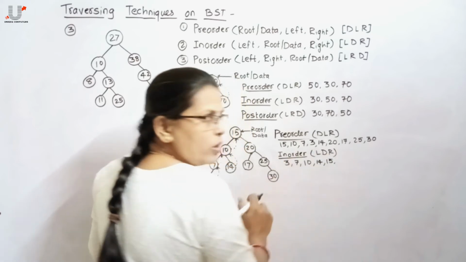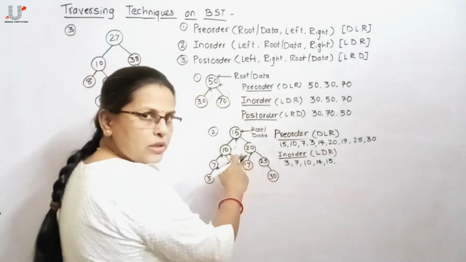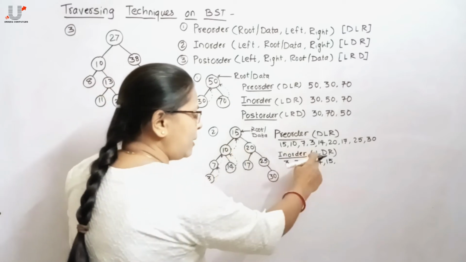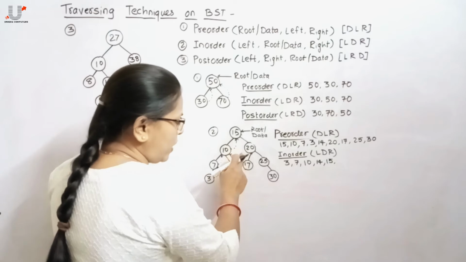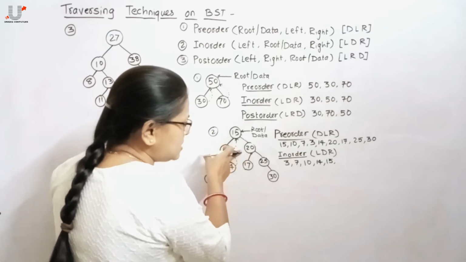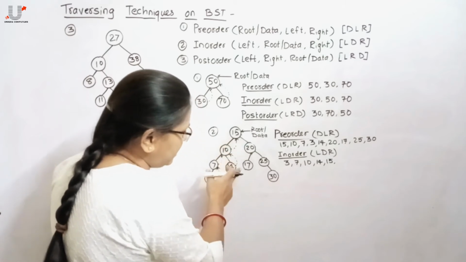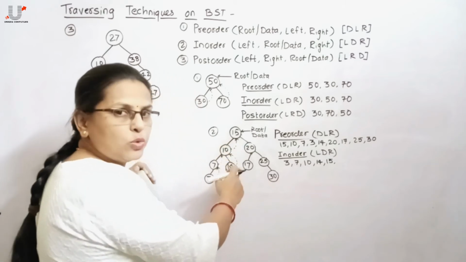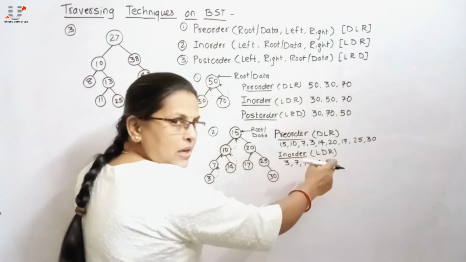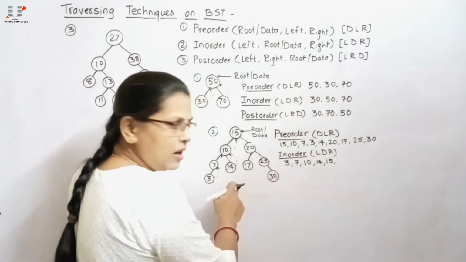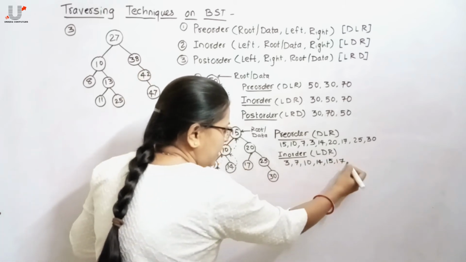Then move to the right subtree. As the right subtree has not yet been processed, again apply LDR for this 20. Check whether it has an unprocessed left subtree. Yes, there is 17 to the left of 20. Again on that 17 apply LDR. As it doesn't have any left subtree, data itself, that means 17 gets displayed.